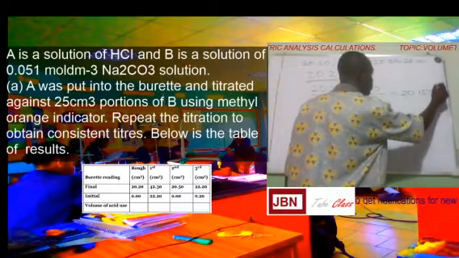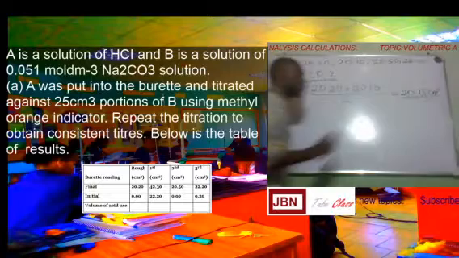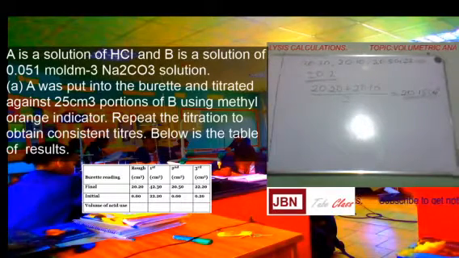The unit is very important, centimeter cube. So that is how we calculate the average of the acid used.